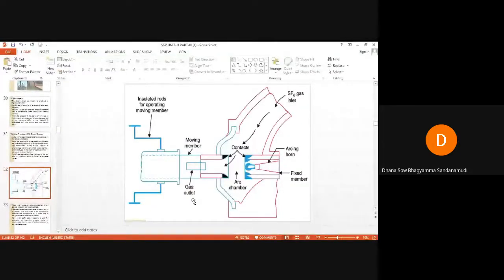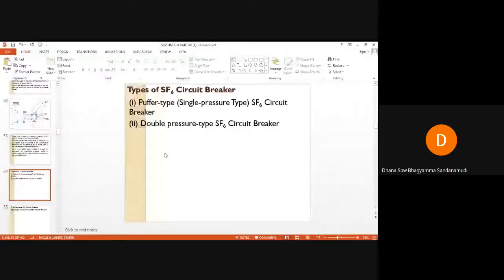We are discussing different types of circuit breakers. One type is the buffer type or single pressure type circuit breaker. Another type is the double pressure type circuit breaker. We will discuss types of circuit breakers in the next class.